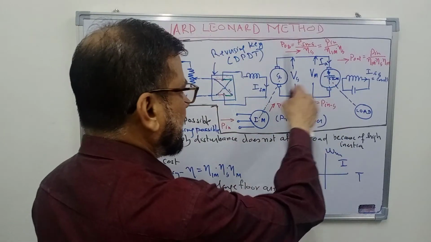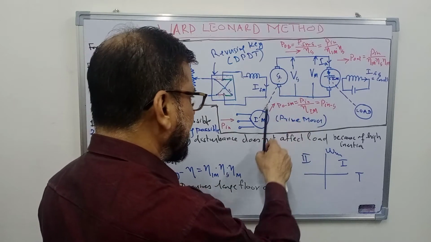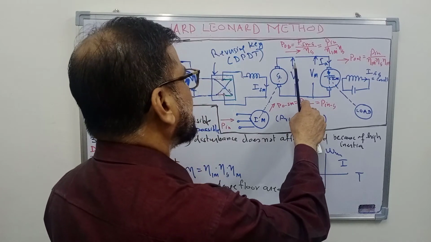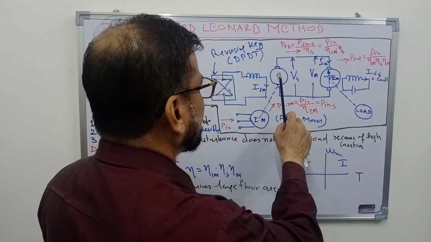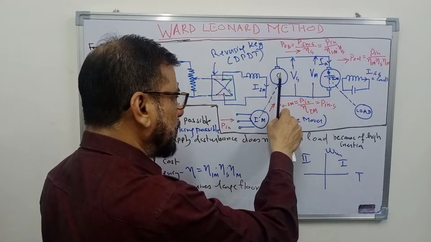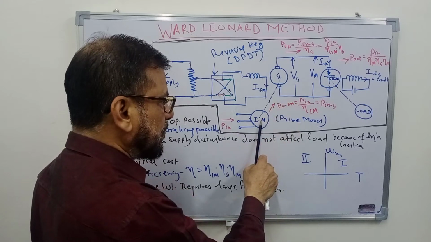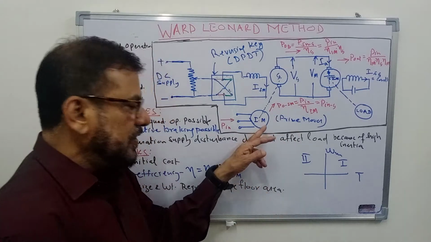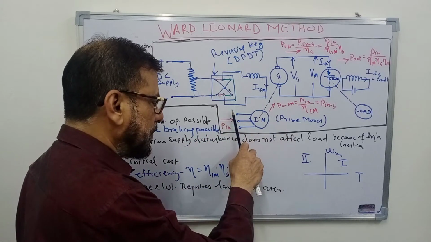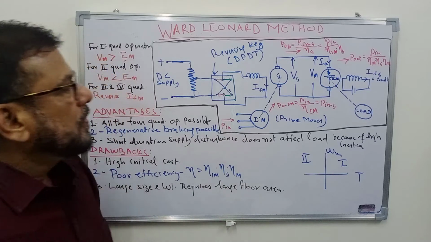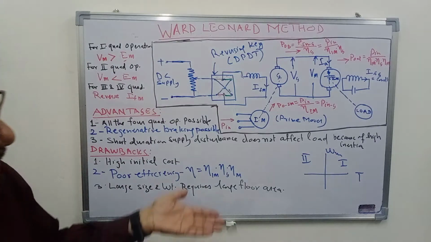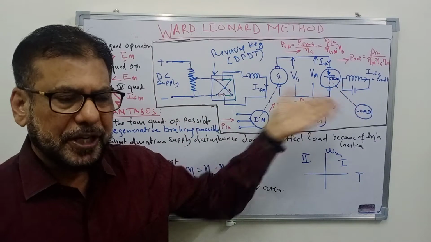It absorbs this input electrical power and converts it into mechanical power. This mechanical power is absorbed by the induction machine, which converts it into electrical power, and it is fed back to the three-phase supply. So this is the second quadrant operation, and we are having regenerative braking.